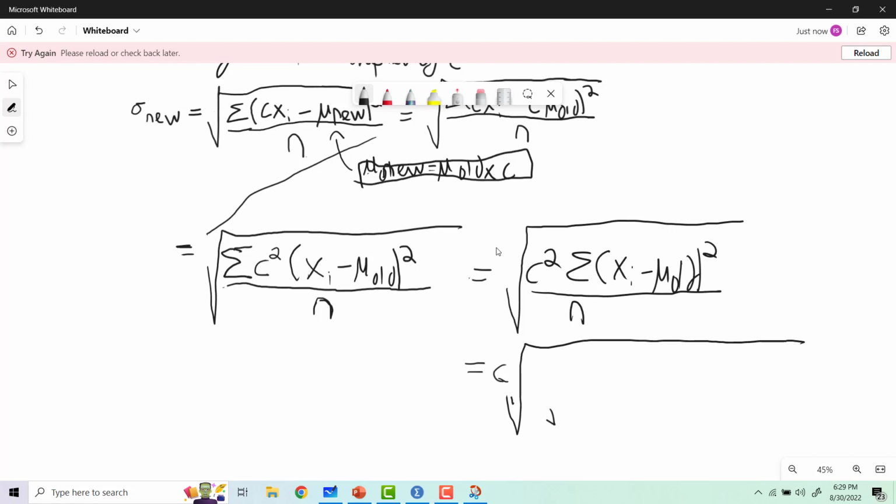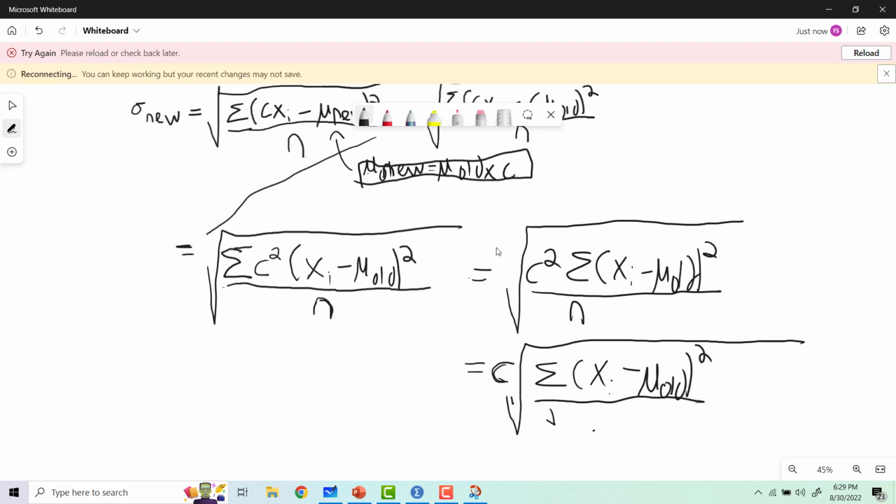So it's basically equal to c times the sum of (xi minus mu old) squared all over n, and the one on the right now is just the old sigma.